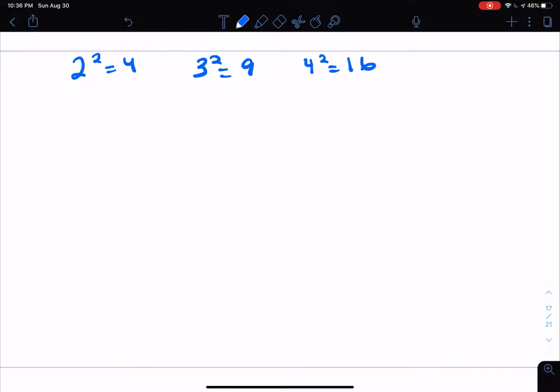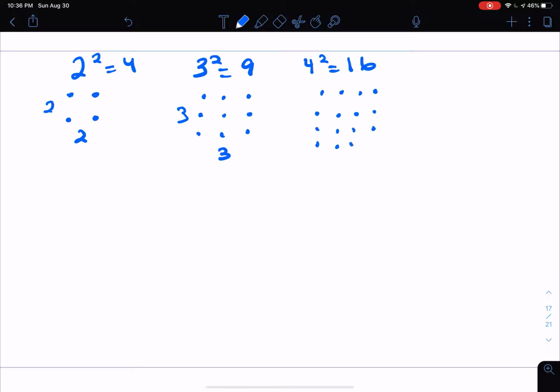I don't know if you've thought about it other than finding the area of a square, but with square numbers, you can draw dots and create squares. 2 squared is 2 by 2, which makes 4 dots. 3 squared is 3 by 3 dots, a square with 9 dots total. 4 squared, you make a square with 4 by 4 dots. It's the same concept as finding the area of a square: 4 dots by 4 dots, 4 times 4, there are 16 dots.